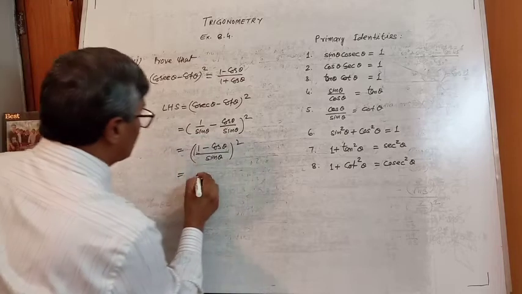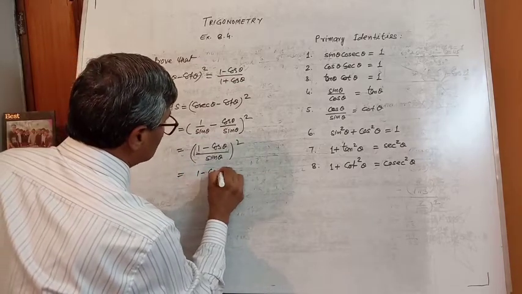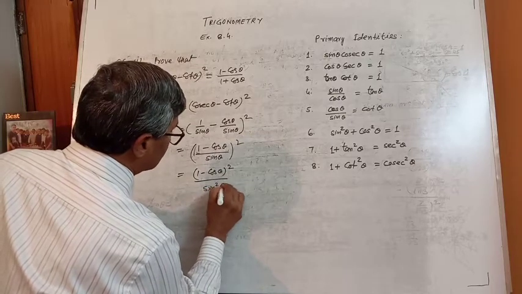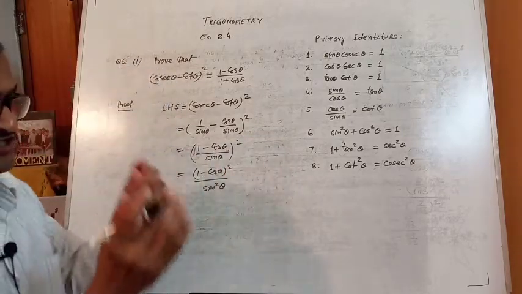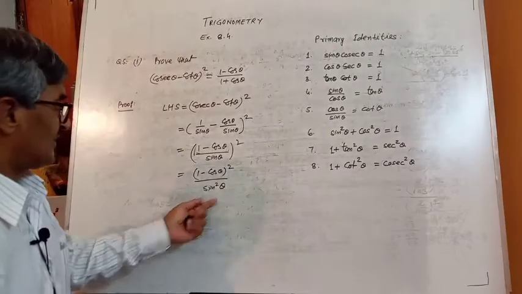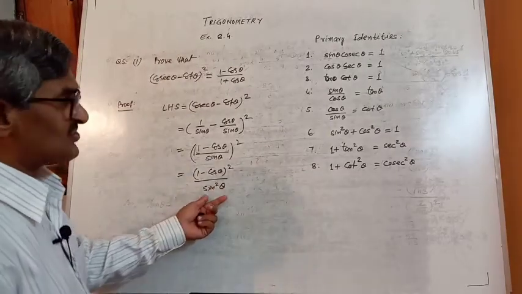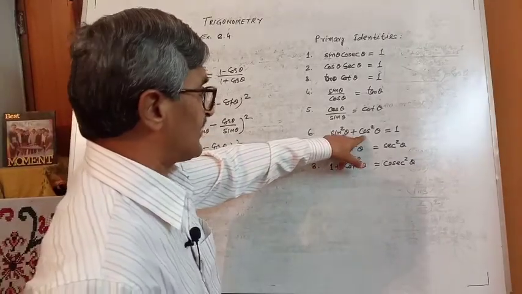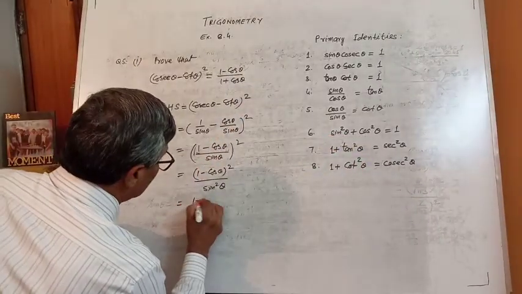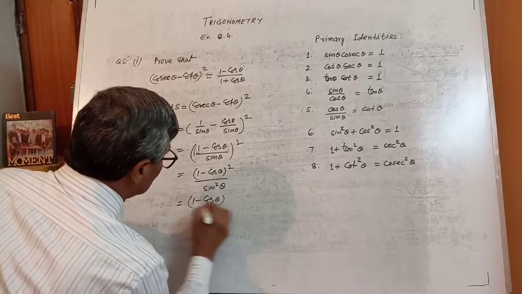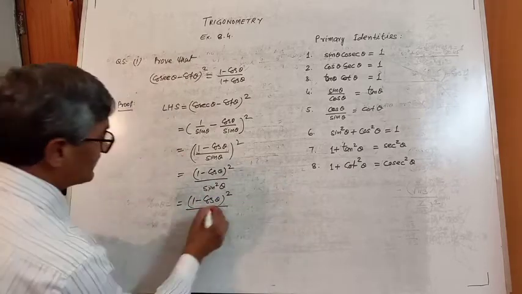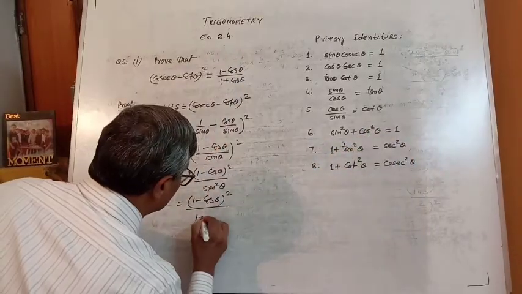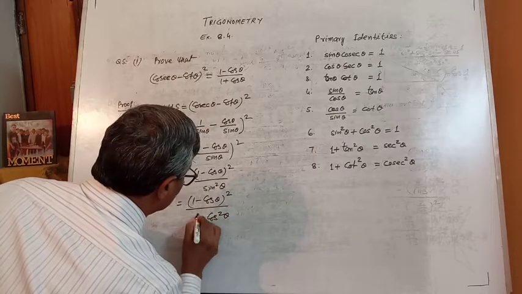Now separate numerator and denominator: (1 minus cos theta) whole square divided by sine square theta. This sine square theta can be changed in the form of cos, so the numerator stays as it is, and the denominator becomes 1 minus cos square theta.